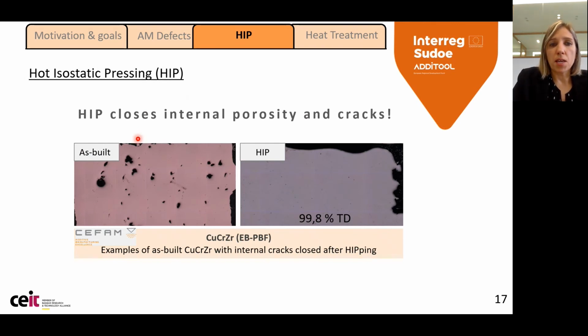So what does HIP do? First of all, it closes internal porosity and cracks. Here we have an example of a copper chromium zirconium produced by electron beam melting, and we see how the as-built sample has a very big porosity, but after applying the corresponding HIP treatment, we are able to close all this porosity.